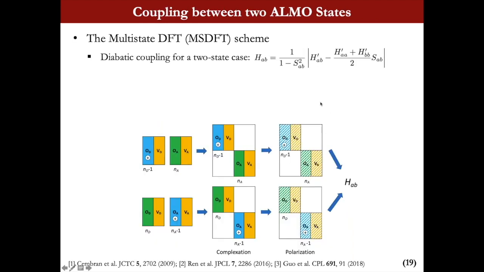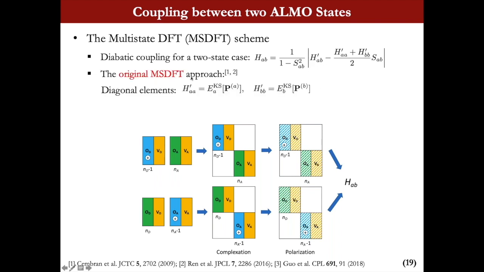And now we want to accurately calculate the coupling between ALMO-based diabatic states. The coupling between two symmetrically orthogonalized ALMO states can be determined using this equation, and it will require the diagonal and off-diagonal elements of the Hamiltonian matrix in the non-orthogonal ALMO state basis. So we can use a multi-state DFT approach to calculate these matrix elements.